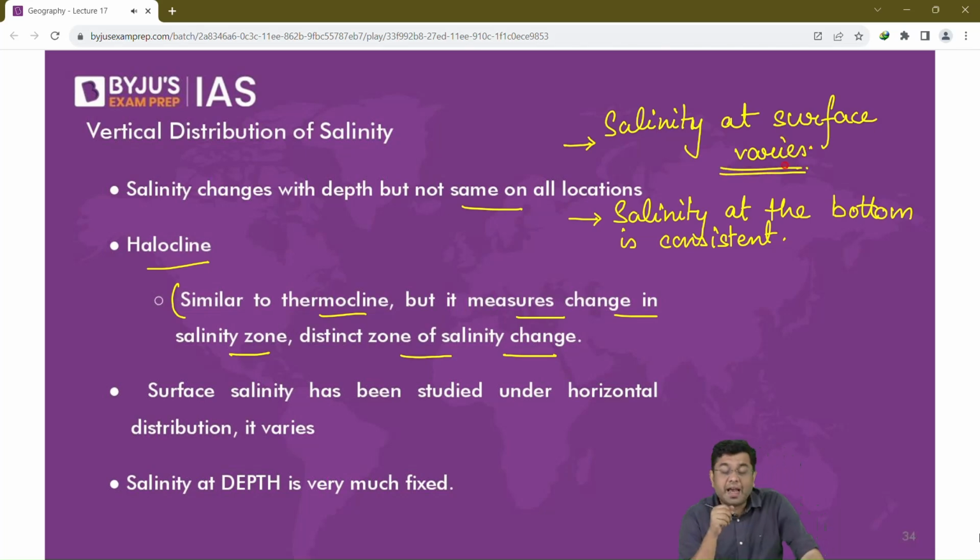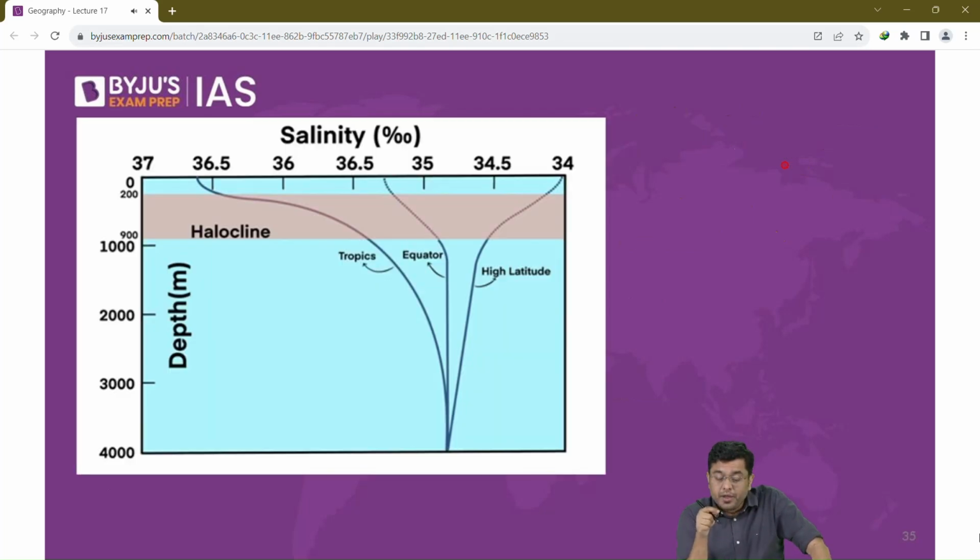Okay? That is where you will have that zone of transition where the salinity tries to attain that consistency at the bottom, which is around 35 parts per thousand. That zone of transition is referred to as the halocline. Okay, so here you will observe, for example, that at the region of the equator, the salinity is roughly around 35. The salinity is highest where? At the tropics, because the evaporation is high and precipitation is low.